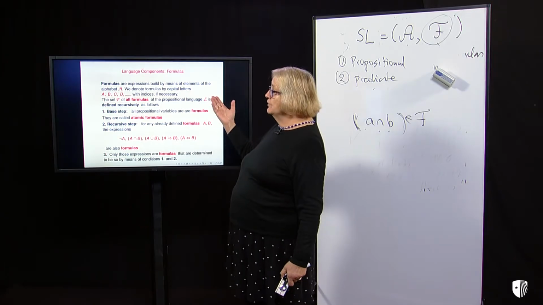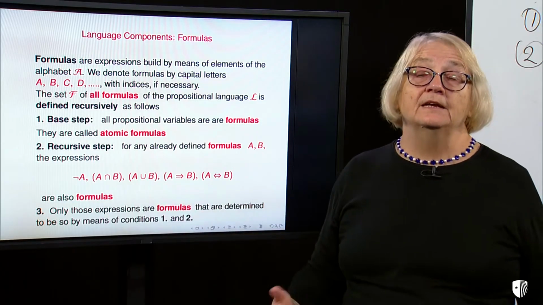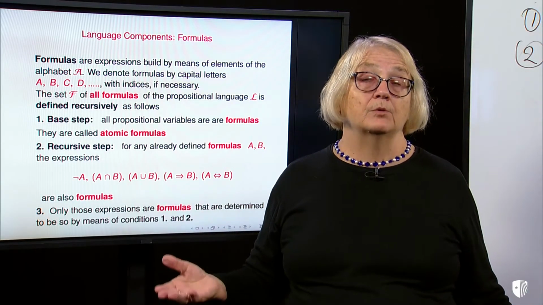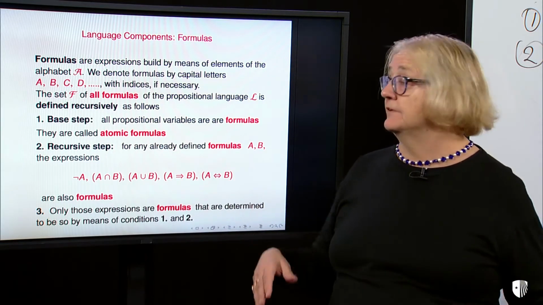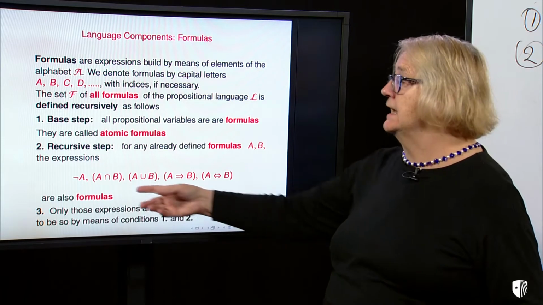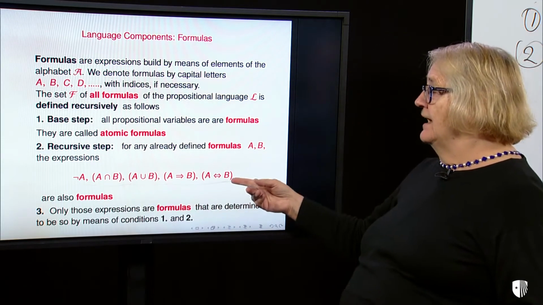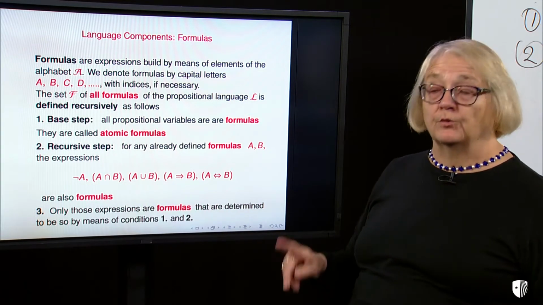And the set of all formulas is defined recursively. So all variables are formulas. They're called atomic formulas. And the recursive step: if we have formulas, then such expressions are formulas.